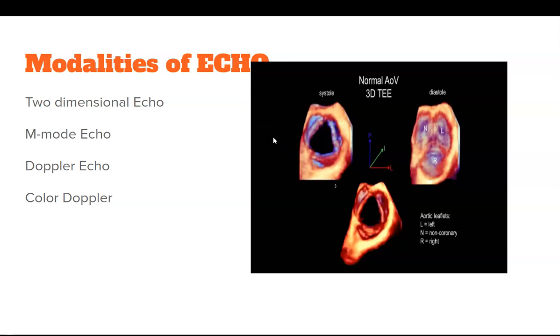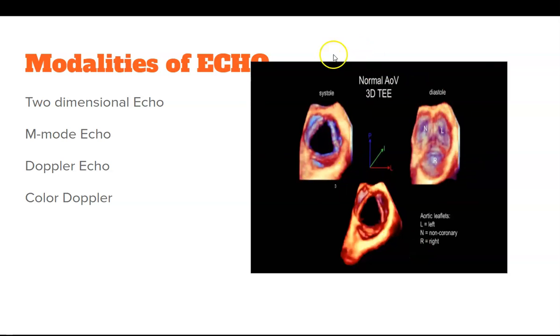Like in the olden days, it was only two-dimensional echo and M mode echo, like black and white echo. Whereas nowadays we have Doppler and color Doppler echocardiogram, which are very specific, and you can see the images very clearly. Okay, so the most recent advanced one is color Doppler.